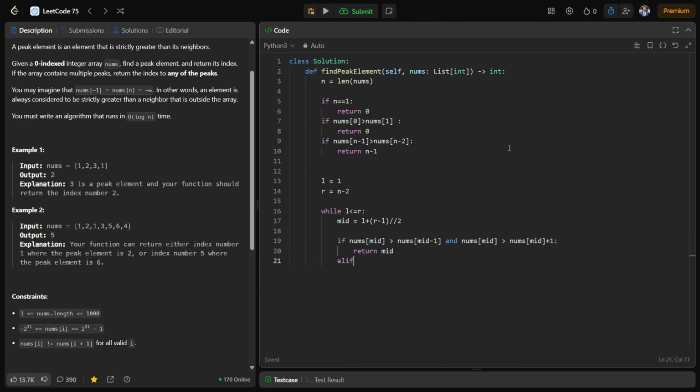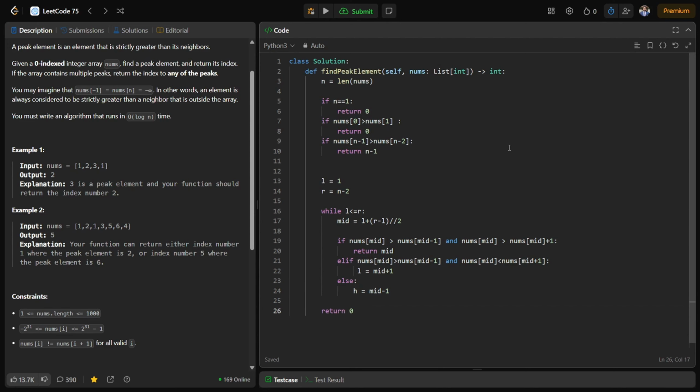Else if nums of mid is greater than nums of mid minus 1, but nums of mid is less than nums of mid plus 1, we don't return. What we do is L equals mid plus 1, we go to the increasing slope. Else H equals mid minus 1. After that we write a fallback, which is return 0.